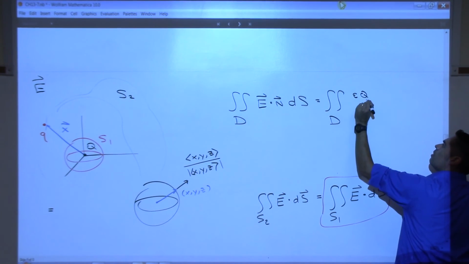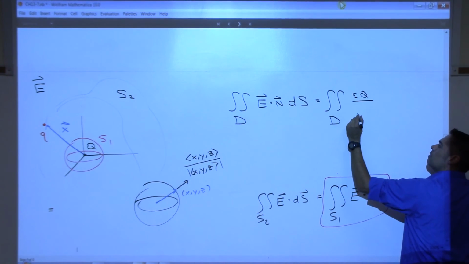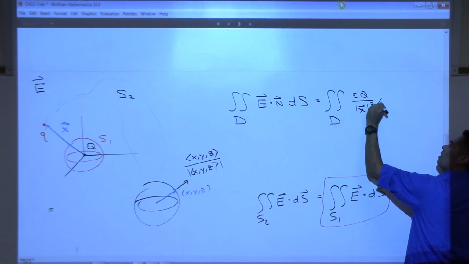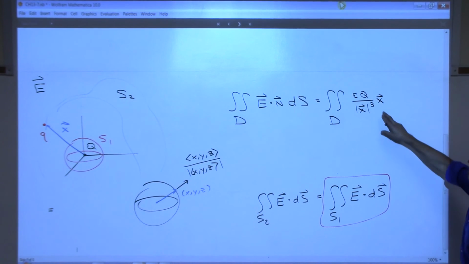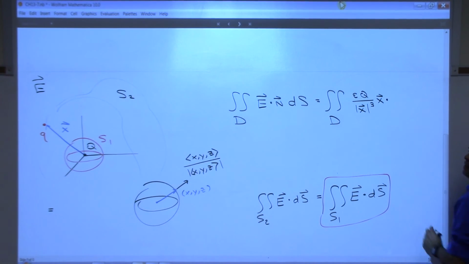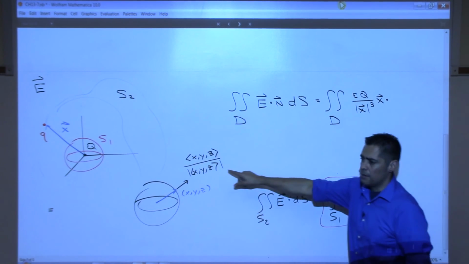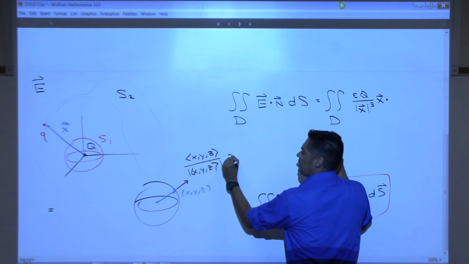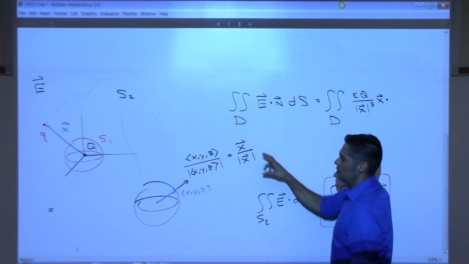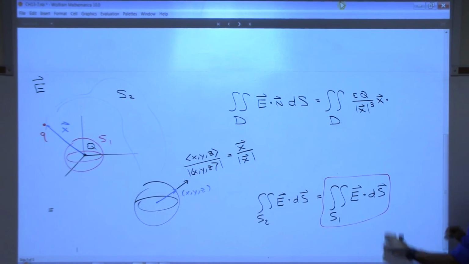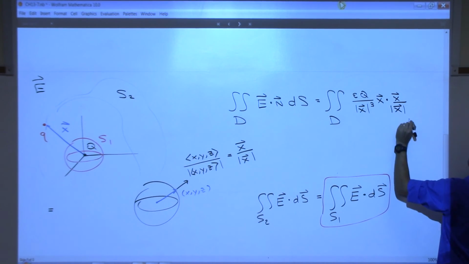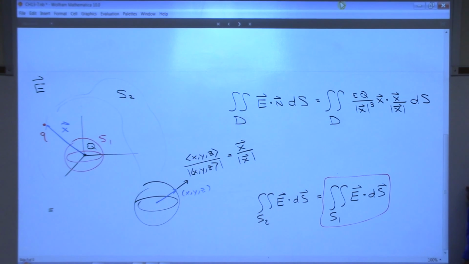Epsilon Q over magnitude of x cubed times the vector x, right? That was E. I want to dot that with this right here. And look at this. Isn't this just x over magnitude of x? Dot that with x over magnitude of x ds.